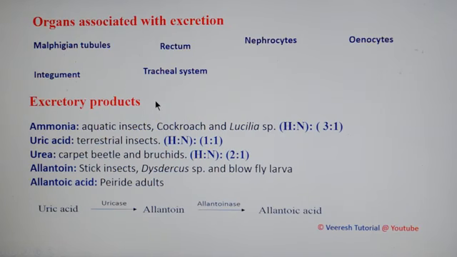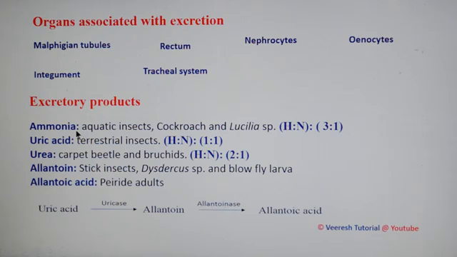Next one is excretory products. In aquatic insects and the cockroach, Lucilia, ammonia is the primary nitrogenous end product. It is highly toxic and contains more than 85% of nitrogen. It requires more water to eliminate from the insect body, that is 3 molecules of water required to eliminate 1 molecule of nitrogen.